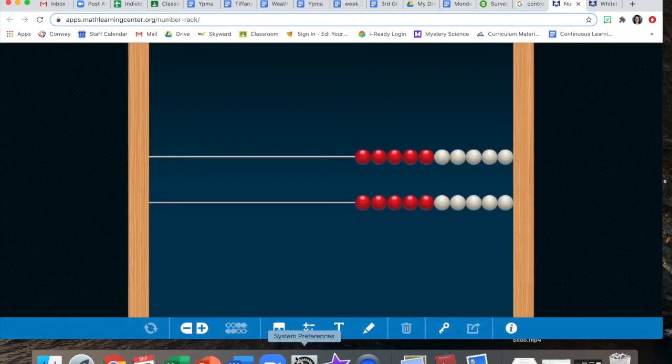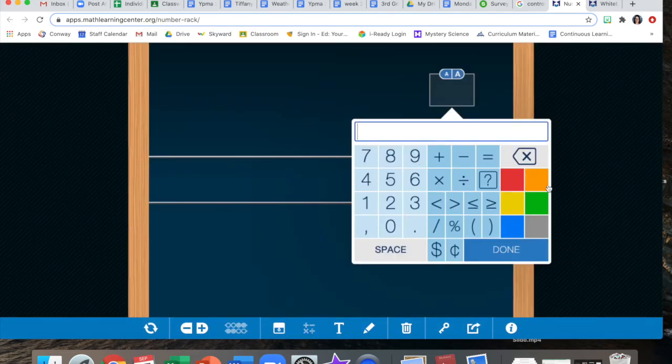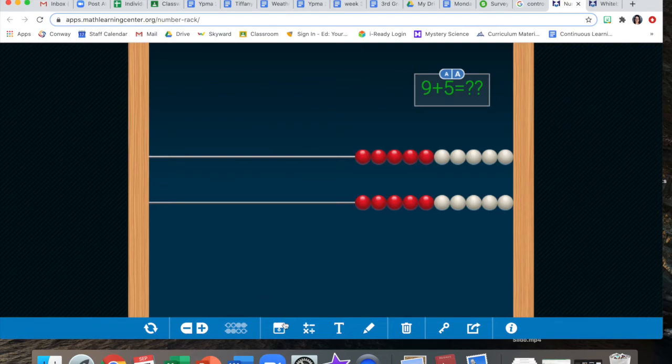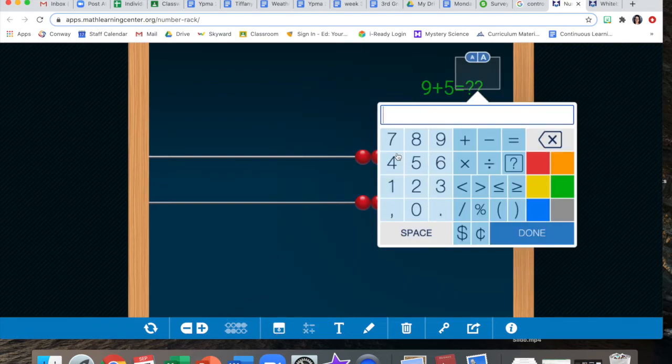Clear all. I'm going to set up, this time in the green, 9 plus 5 equals mystery. And we're going to have the add 10 fact to help us.